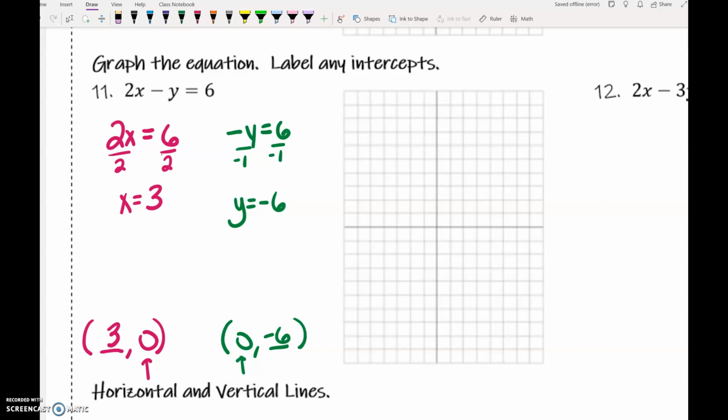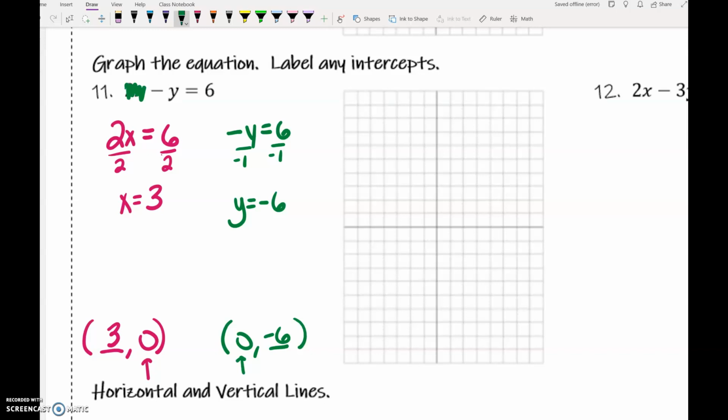Okay, so look at the screen for a minute. Watch your screen if you're watching the video. To find the x-intercept, I basically just cover up the y, and I've got 2x equals 6. I solve that. To find the y-intercept, I cover up the x, and I've got -y equals 6. I solve that.